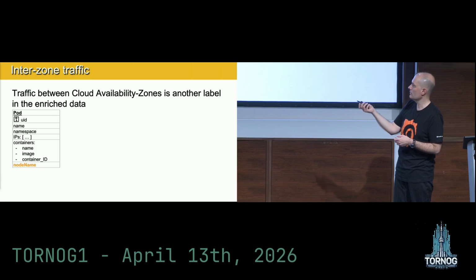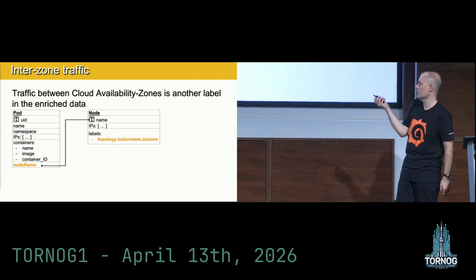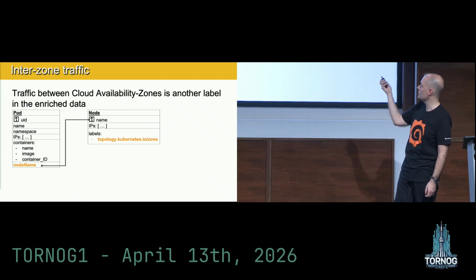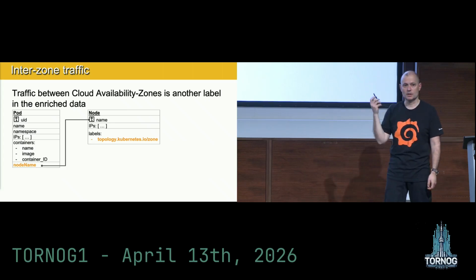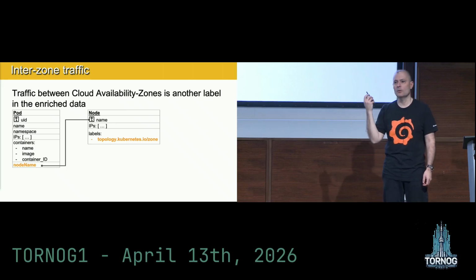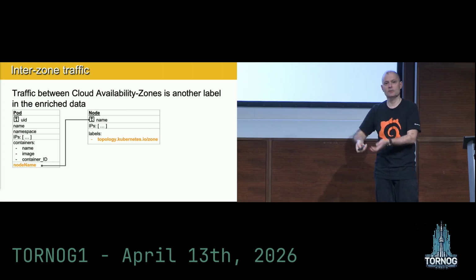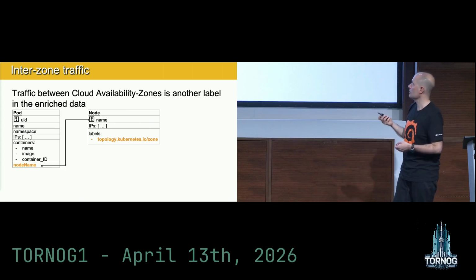But then, fortunately for us, most cloud vendors, or the ones that we work with, put this label in the node name, topology.kubernetes.io/zone, which gives us information about which zone this pod is in. Again, we collect these labels, and then from the IP addresses, we're able to make the mapping back.